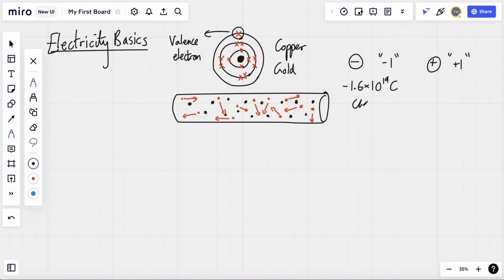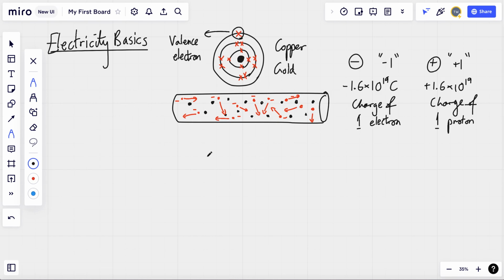So that is the charge of one electron. It should make sense that the charge of a proton is +1.6 times 10 to the -19 coulombs, the exact opposite. Overall, all these little electrons have an individual -1 charge.